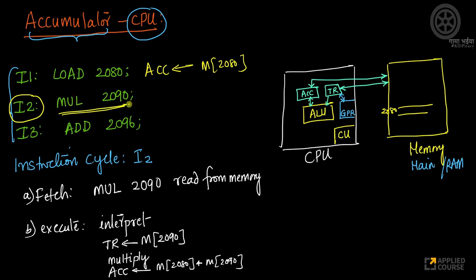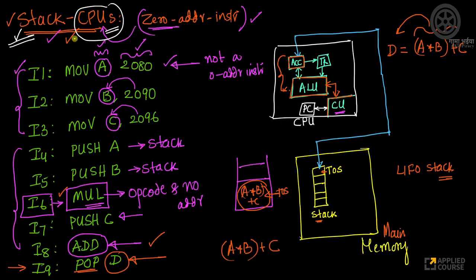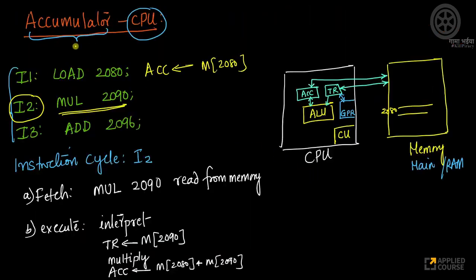When I say accumulator CPU, we are talking mostly about how the ALU functions. In the previous case, when we talked about stack CPUs, we talked mostly about how the ALU uses the stack to store the operands. So here also, our focus is mostly on the ALU itself. This instruction is very, very important.